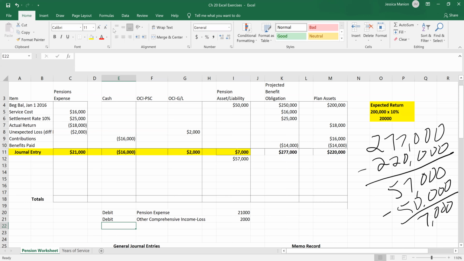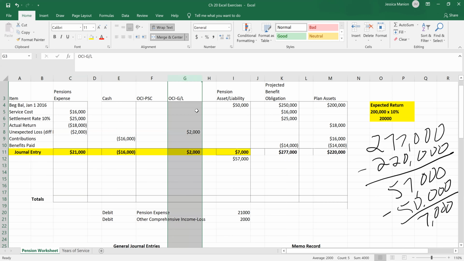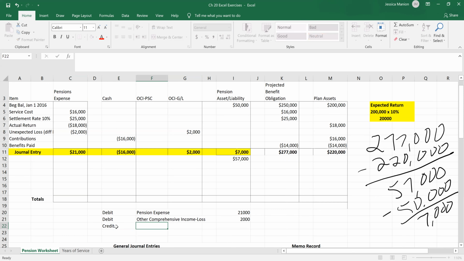Okay, so those are our debits. This is a debit to the pension expense. Expenses increase with the debit. This is a debit for the loss, because other comprehensive income, we debit it when there's a loss. And then we're going to credit cash for the amount that we've spent in cash, 16,000.